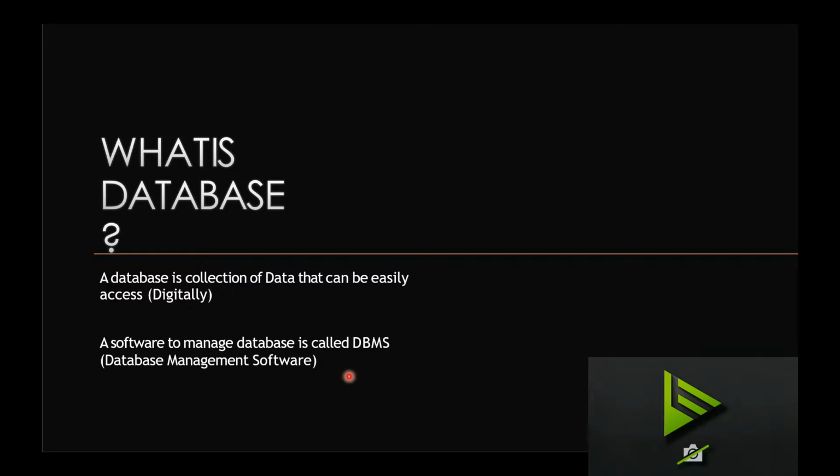The platform is digitally recorded. So that is called a database. The data that has been recorded in digital form is called the database, and that database is managed by software that is called the database management software, that is called a DBMS.